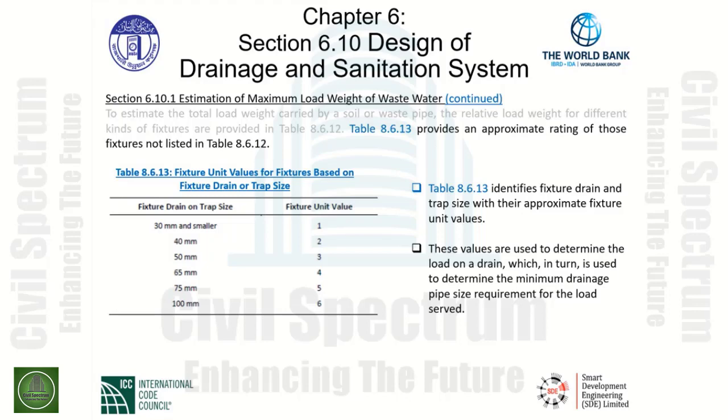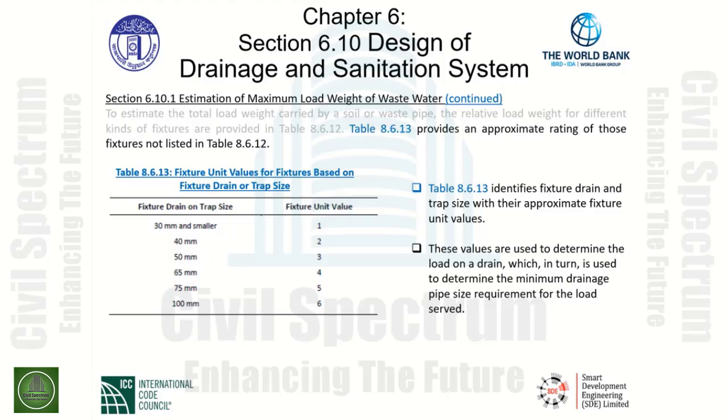As seen in the table on the left-hand side, given is the fixture drain or the trap size. In a case of a trap size of 75 millimeters, this would equate to a fixture unit value of 5. This would be the demand of that particular diameter trap size.